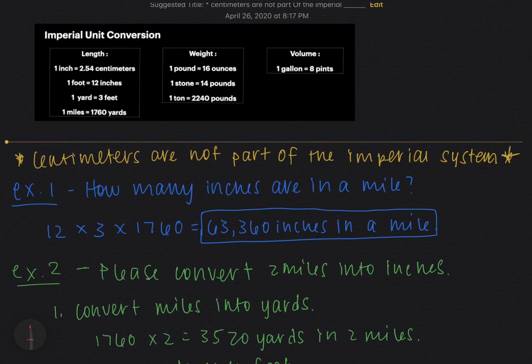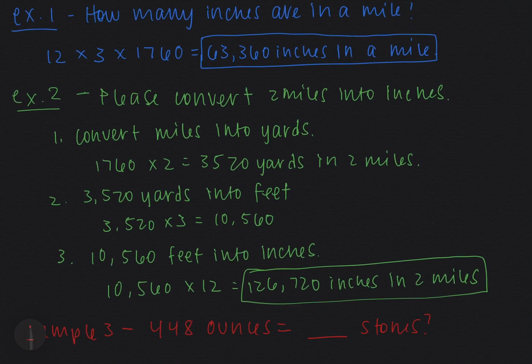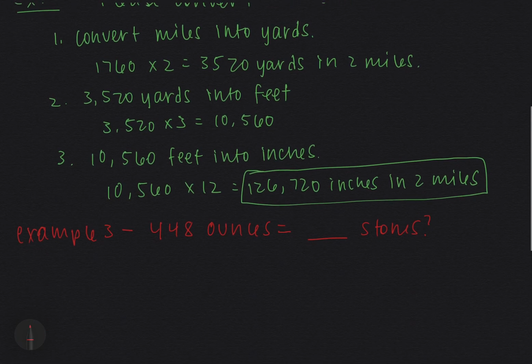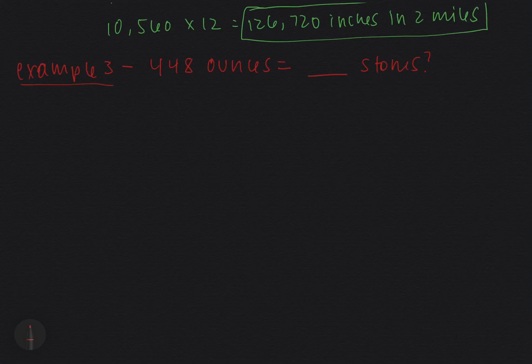So when we look here, we have 16 ounces equals a pound and 14 pounds equals 1 stone. So again, I'm telling you that it's very useful if you have written down your chart so that we don't have to keep scrolling back and forth. Okay, so the first thing that we're going to have to do is take our 448 and divide by 14.